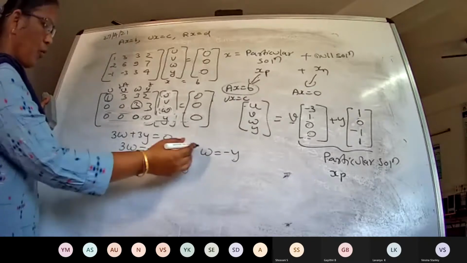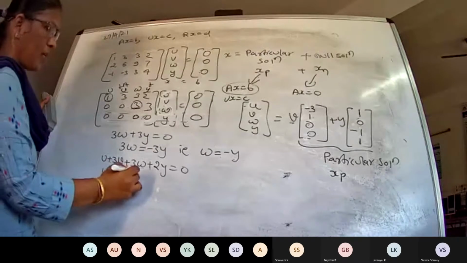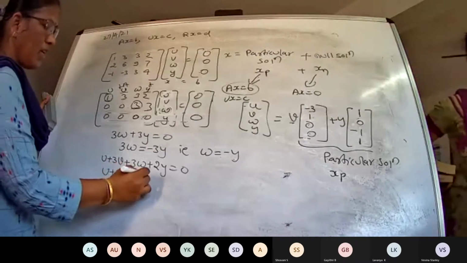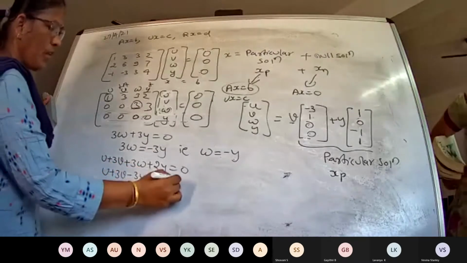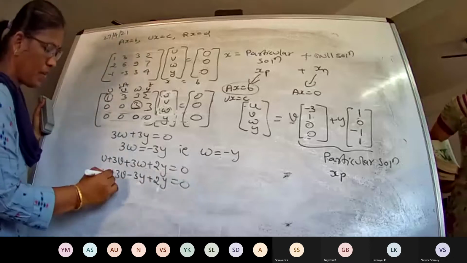If I substitute W as minus Y, I will be getting U plus 3V minus 3Y plus 2Y equals 0.